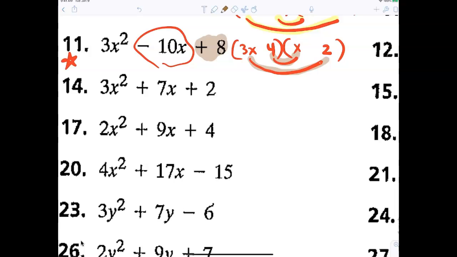And that can be negative 10 if they're both negative. So that would be negative and negative. Everybody good with that? Why can't it just be positive? Because then that would give you a positive 10x, not a negative 10x. You hear me on that?